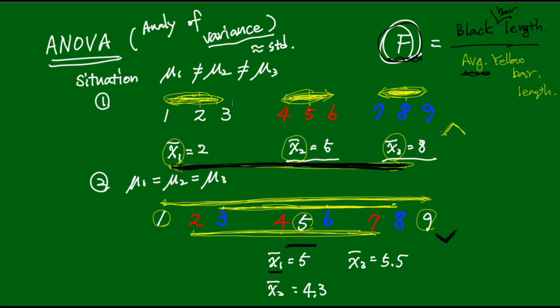So when we have a large F, which means a much larger black bar than the average length of the yellow bar, I would say, oh, they came from different groups. And when the average yellow bar is much larger than the length of the black bar, then I would say they came from the same group, which means each population has the same mean. That's the idea of ANOVA.